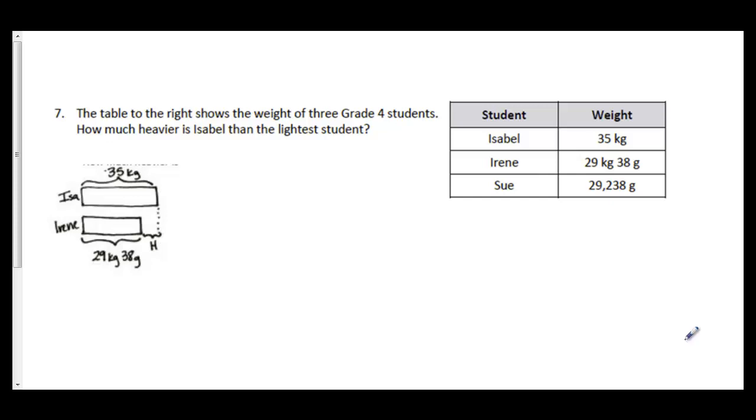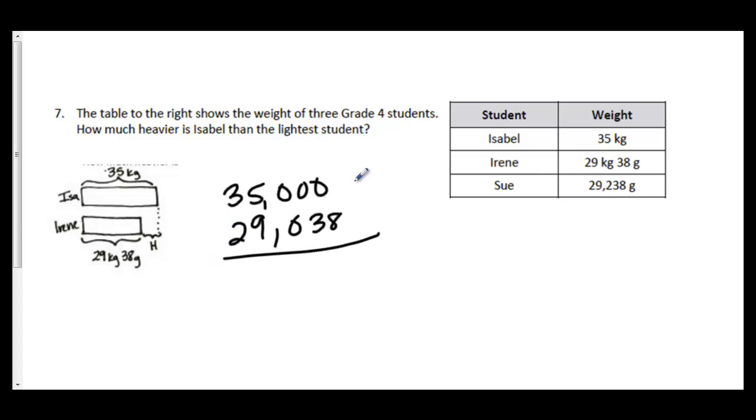Okay, so I'm going to subtract, and I can already see that I'm going to have to take away 38 grams from this 35 kilograms, and there's no grams. So I'm going to just go ahead and call this 35,000 grams minus 29,038 grams. I just went ahead and converted this into grams really quickly. So I'm going to have to decompose. So that's going to give me 4,000 10 hundredths.